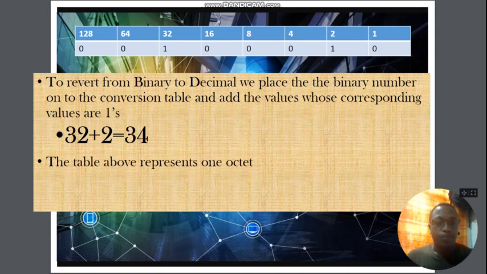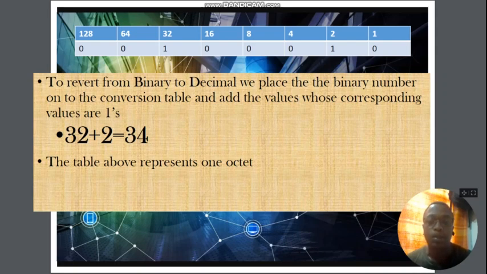Now, to revert from binary to decimal, we place the binary number on our octet and add the corresponding values where they are ones. So in our case, we got a 1 at 32, since 34 was greater than or equal to 32.